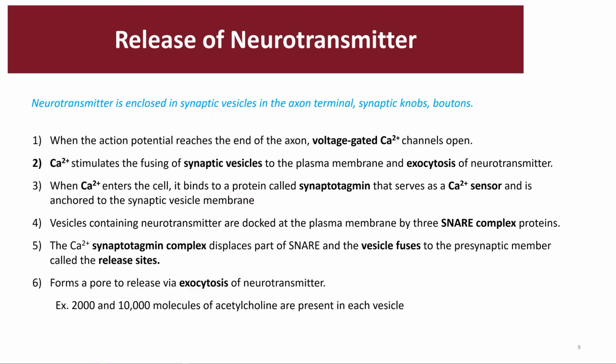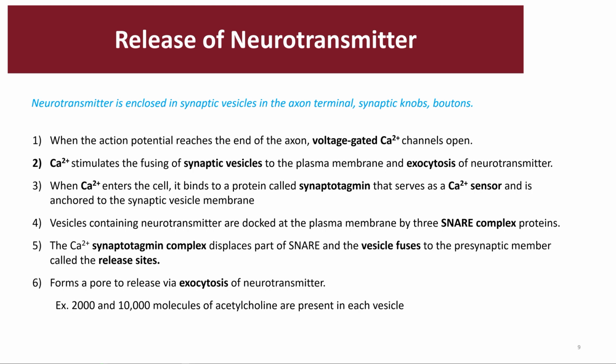This is a flow chart of what happens from first step to the last step. When the action potential reaches the end of the axon, the voltage-gated calcium channels open up. Calcium stimulates the fusing of the synaptic vesicles to the plasma membrane, and exocytosis occurs that releases the neurotransmitter. Keep in mind that when calcium enters a cell, it binds to this calcium sensor protein called synaptotagmin, which will anchor the vesicle to the membrane.